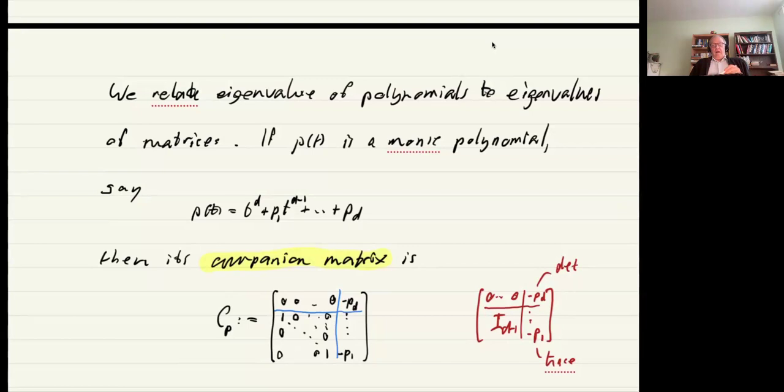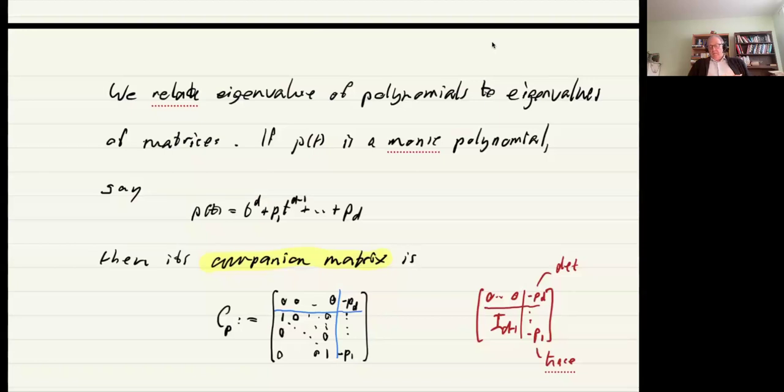But if you're given a monic polynomial with, in this case, degree d, with coefficients p0 equal to 1 because it's monic, and p1 through pd just integers, then the companion matrix is: you write down the coefficients in reverse order with a minus sign, and then you put a d minus 1 by d minus 1 identity here. So you get a matrix of this form.